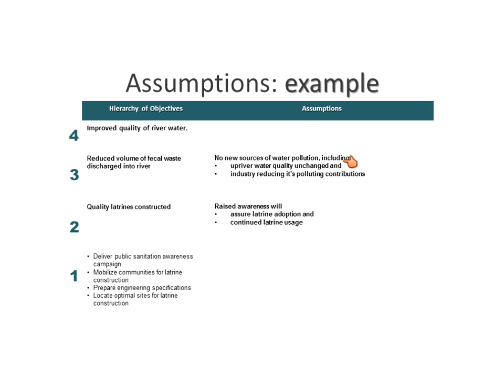We want to reduce the volume of fecal waste discharged into the river. Now, we may be doing this successfully in a particular village, so that no new sources of water pollution are coming from the village that we're helping, but there might be a village upstream that isn't doing anything, or actually increasing their discharge into the river, or there may be an industry, a factory, that's polluting the river.